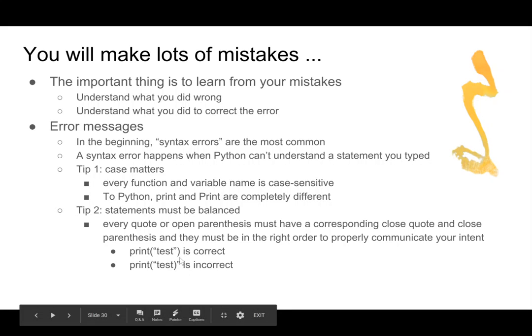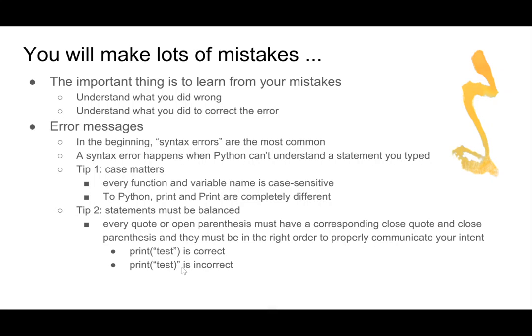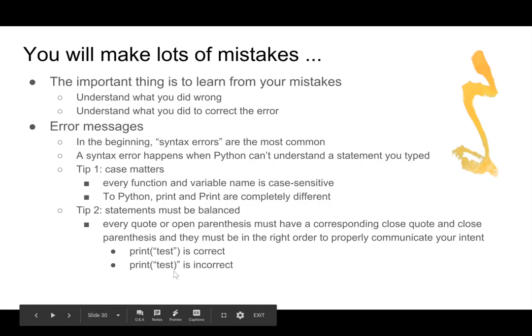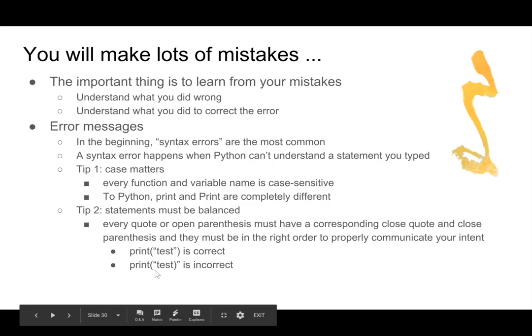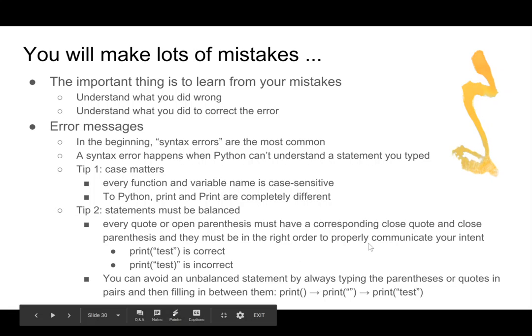Here, if we exchange the parentheses and the quote, you can see that something is enclosed in quotes, but there's nothing that's enclosed in parentheses, because the closed parenthesis is part of the string. So that's incorrect, and you'll get a syntax error on that.